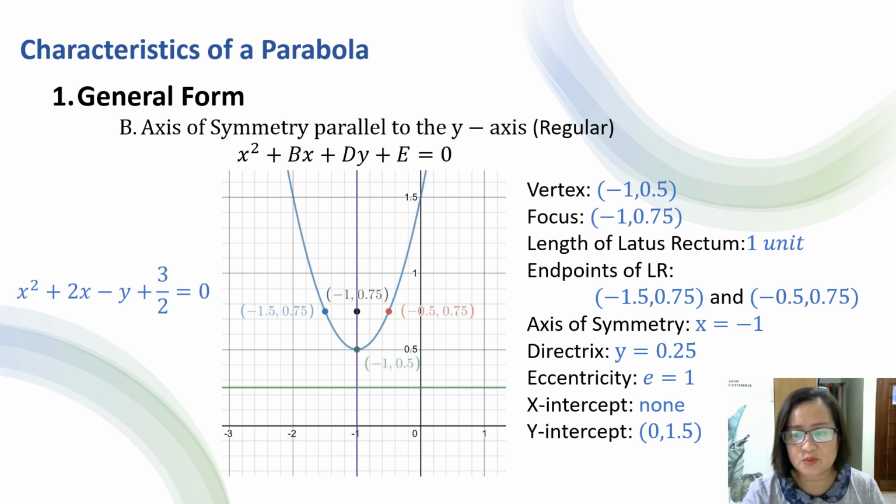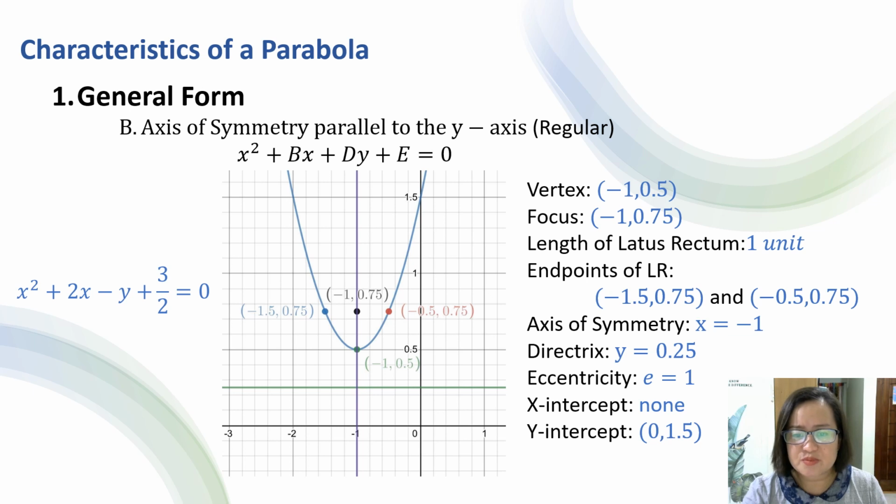In that case, we will have -1.5 minus -0.5 will give you -1. But since we are dealing with distance, we will get the absolute value of -1, which, when simplified, will give you 1 unit, thus confirming our answer that the length of the latus rectum is 1 unit.